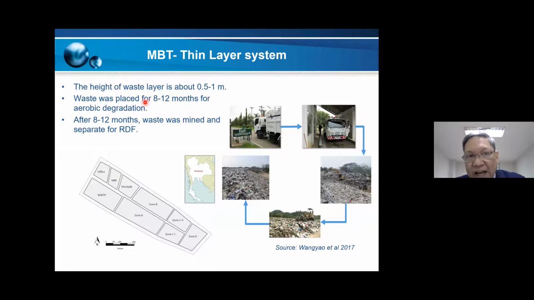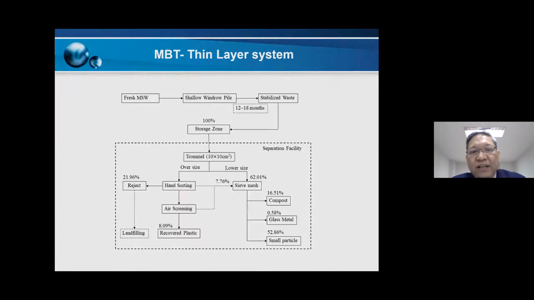Again we try to stabilize the waste, and after that we do just physical separation and recover the material as RDF. You can see some photos of these facilities. In the system, the waste comes in and is spread into the shallow windrow pile, and then it is stabilized naturally.